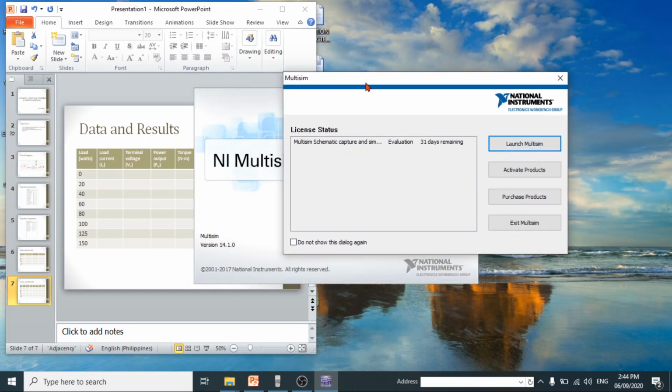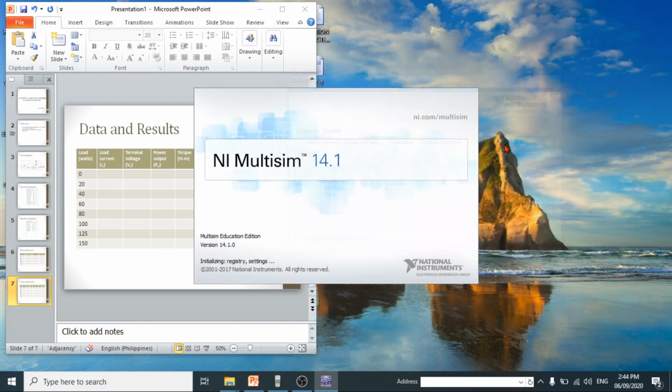In this case, the last activity, which is the excitation characteristic of the generator, the circuit was saved. So we try to open the circuit. We click launch Multisim.